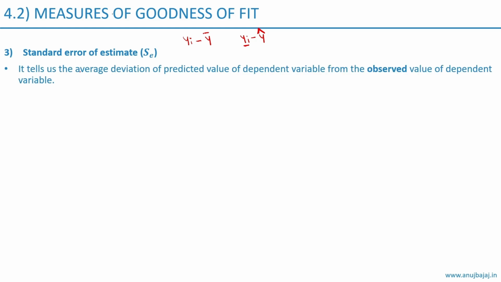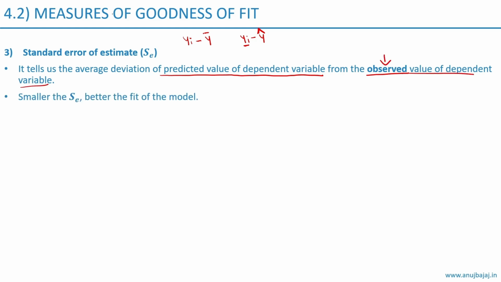The standard error of estimate tells us the average deviation of the predicted value of the dependent variable from the observed or the actual value of the dependent variable. So we want the standard error of estimate to be as low as possible. A lower standard error of estimate implies that the model does a good job of explaining the dependent variable.